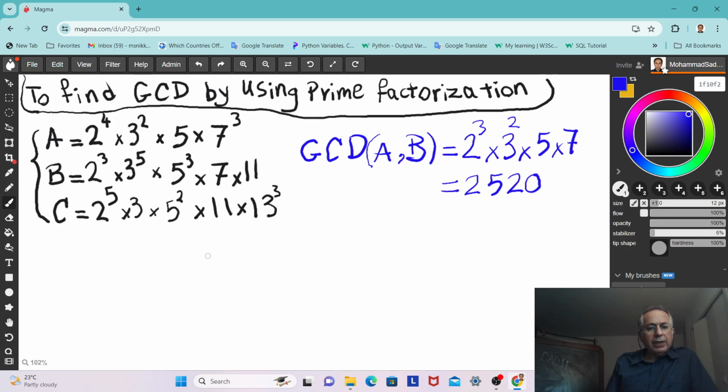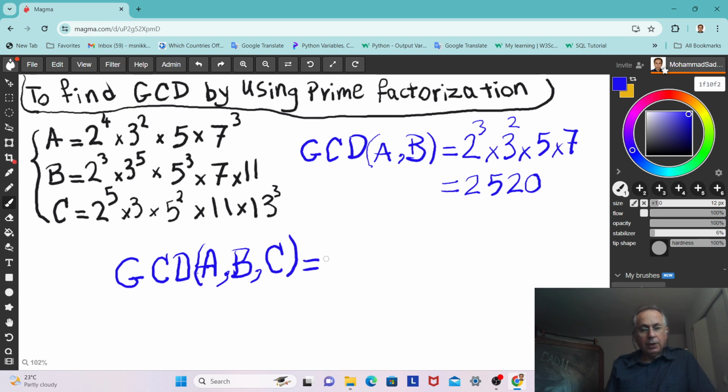Let's calculate the greatest common divisor for 3 numbers. You can use this formula for 2 or more numbers. The greatest common divisor for 3 numbers A, B, and C. The first step, factorization for each to their primes, already done.